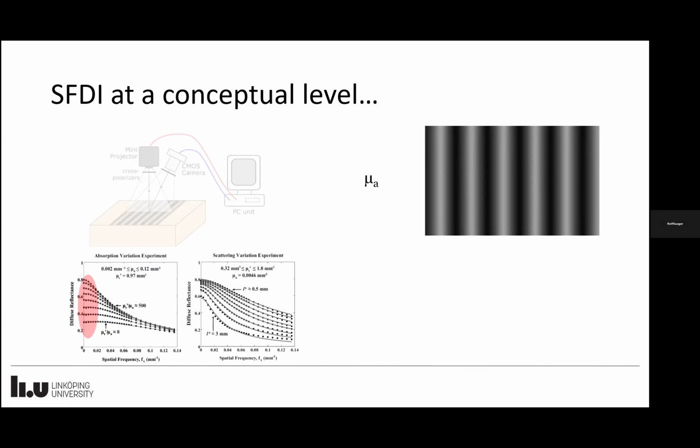It is a very open discussion. There have actually been a number of papers on how many or which combination of spatial frequencies are best. I think it really depends on the application. What are you looking for? It's a complicated thing because different spatial frequencies are going to be looking at different parts of the tissue.